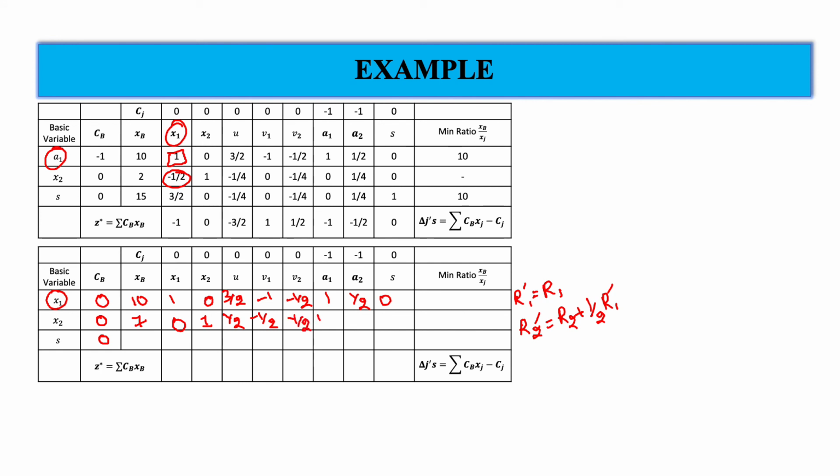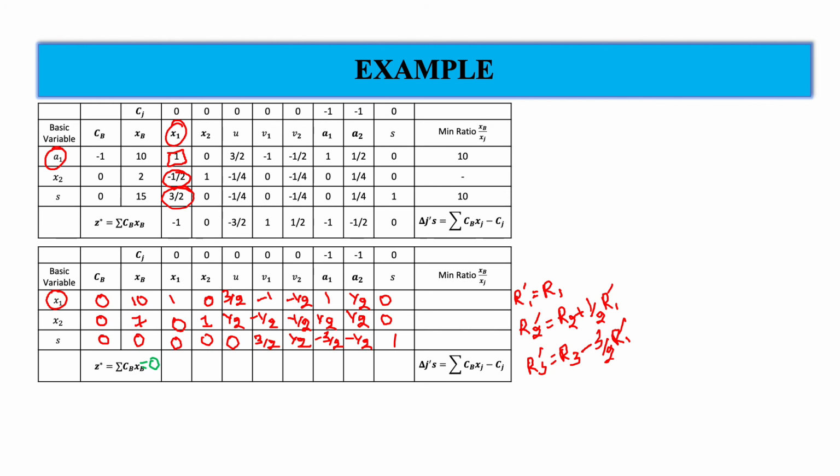Now the next row you obtain by old row minus 3 by 2 r1 dash, because we have to make this element 0. So this becomes 0, this is 0, here it is 3 by 2, this is half, this is minus 3 by 2, this is minus half, and this is 1.